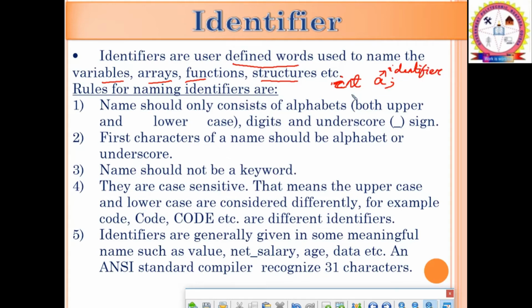I can give another name, int number. So here number is a variable, and we will call this number also an identifier.